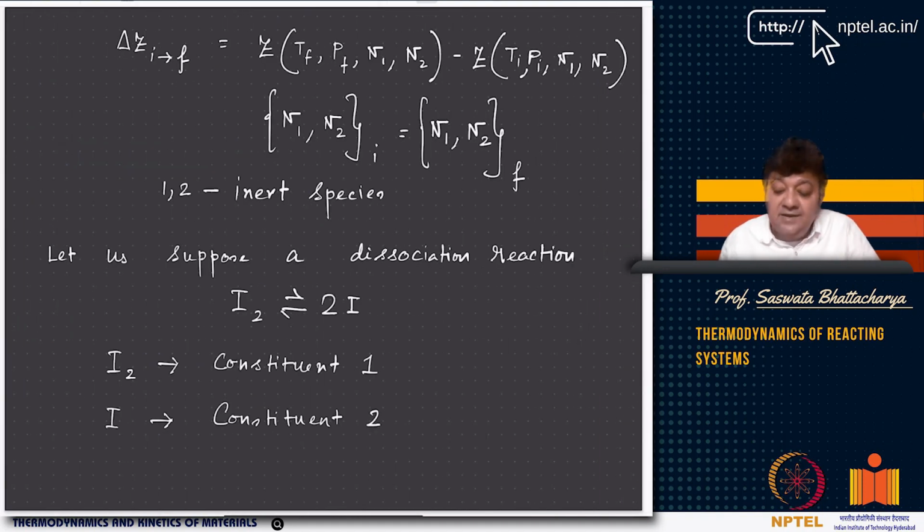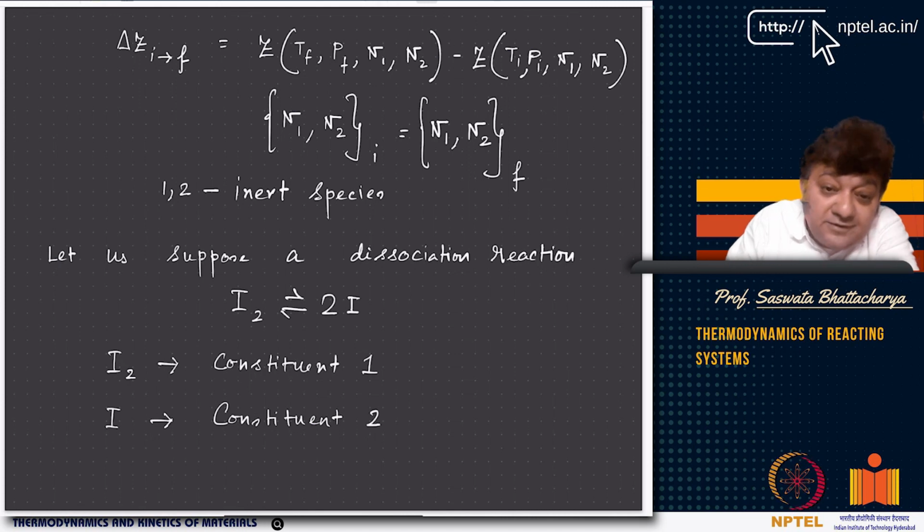As you can see, another thing, when you are going from the initial state to the final state, you have an extensive parameter that is a function of T final, P final, N1, N2, versus T initial, P initial, N1, N2.